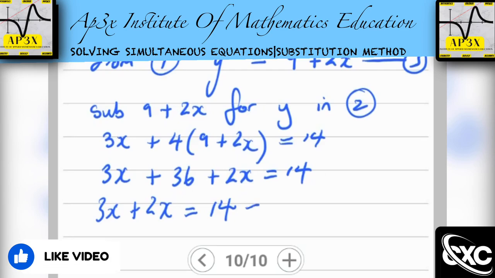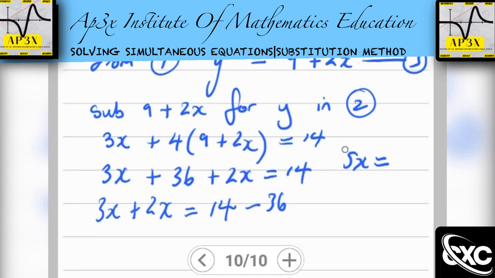or transpose 36. It's going to become negative 36. So therefore 3 plus 2 is 5x, and 14 take away 36 is going to be, oh, did I make a mistake? I think I did. 4 times 9 is 36. 4 times 2 is in fact 8.